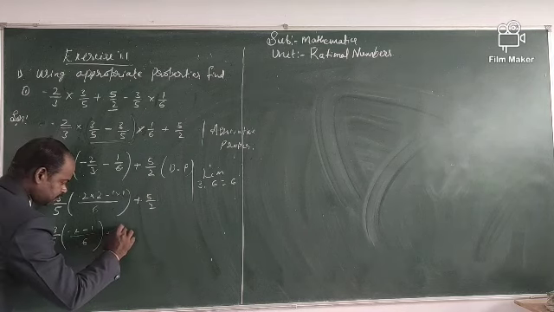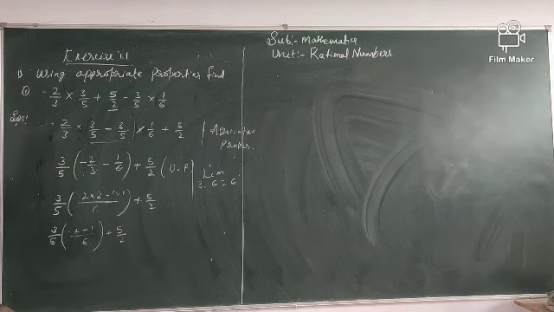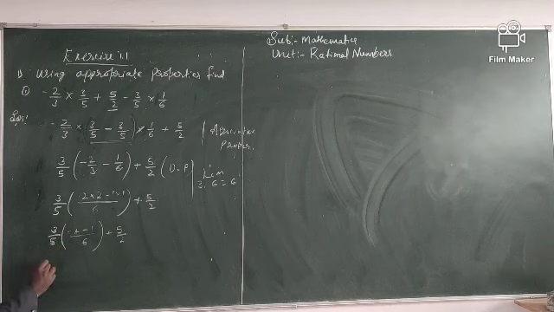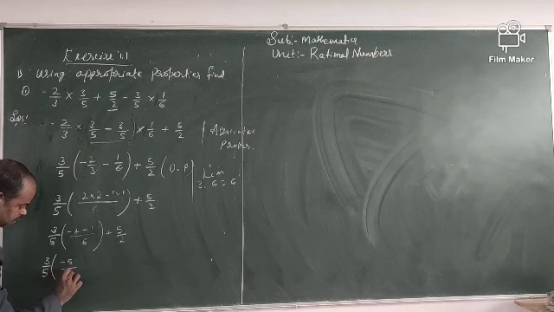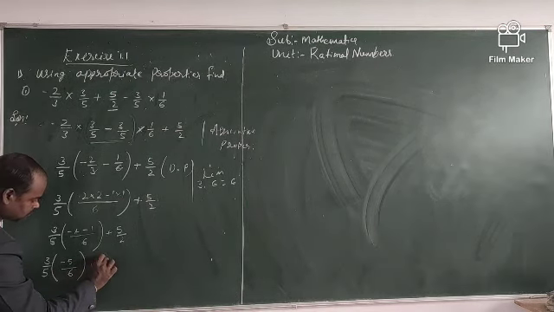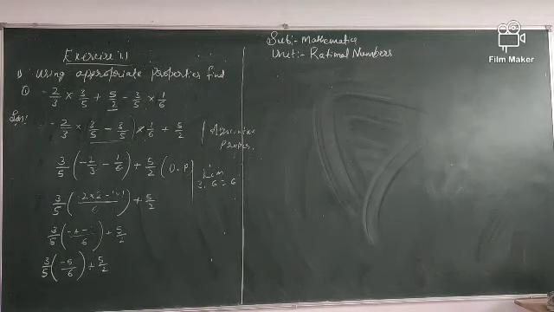Plus 5 by 2. Yes, children, 3 by 5 into minus 4 minus 1 is minus 5 by 6, plus 5 by 2.